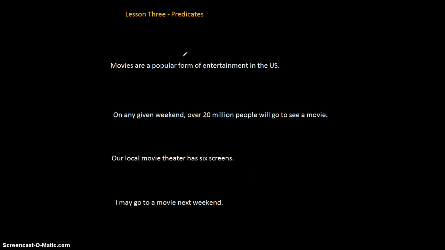Before we take a look at our sample sentences, what I'd like to show you is where we are right now. We've seen that every sentence has two X word places.